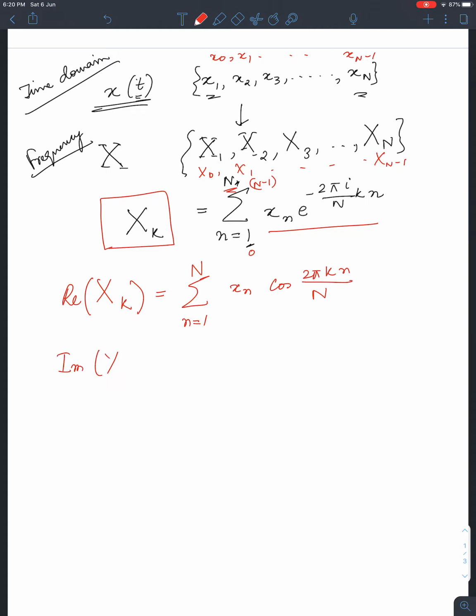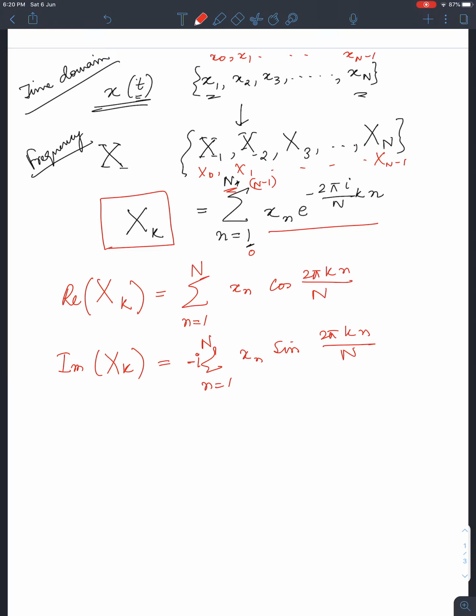The imaginary part of X of k is equal to the summation n goes from 1 to N of x n sine of 2 pi k n over N, and this is a minus. So minus i into this part.